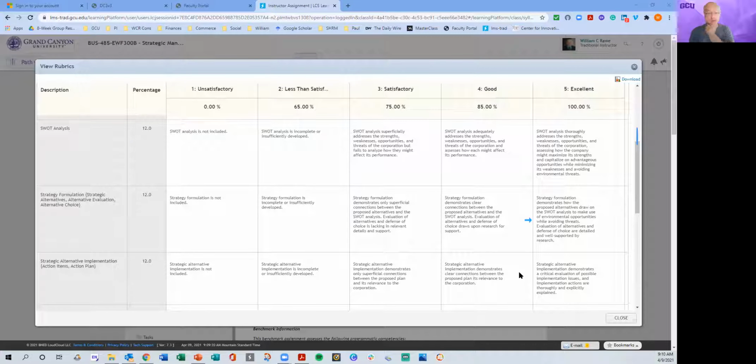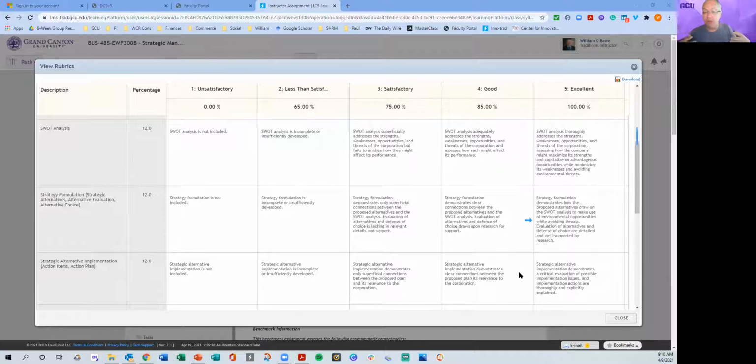All right, then we go down here. Strategy formulation. That includes your strategic alternatives, your alternative evaluation, your alternative choice. So strategy formulation demonstrates how the proposed alternatives draw on the SWOT analysis to make use of environmental opportunities while avoiding threats. And the evaluation of alternatives and the final choice are detailed well and supported by research.